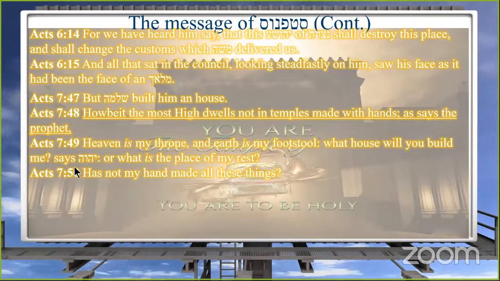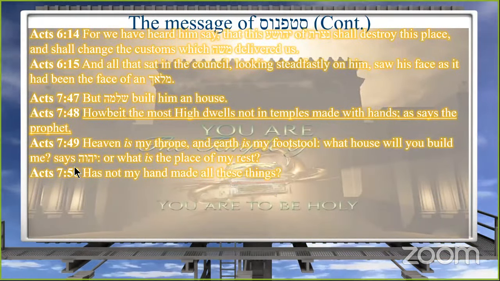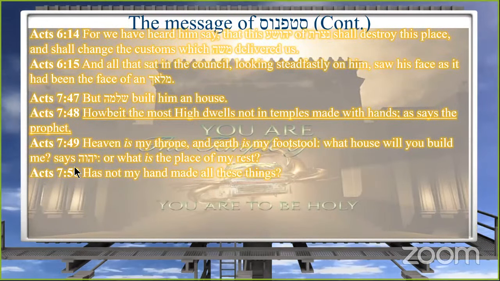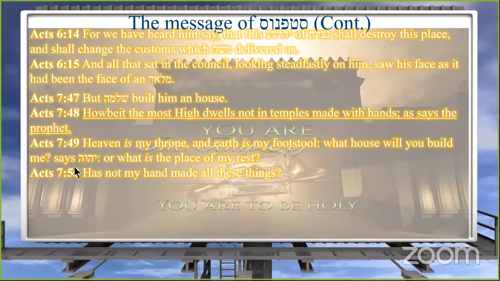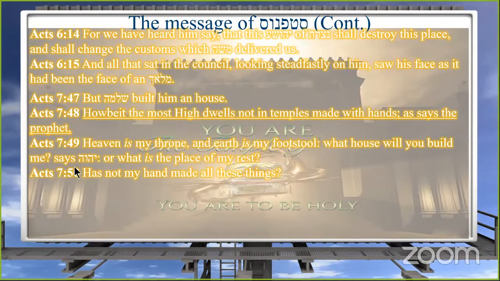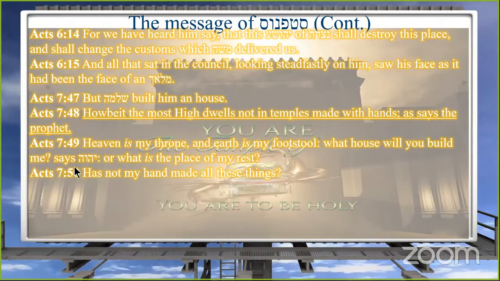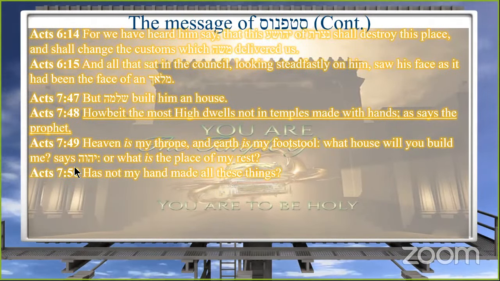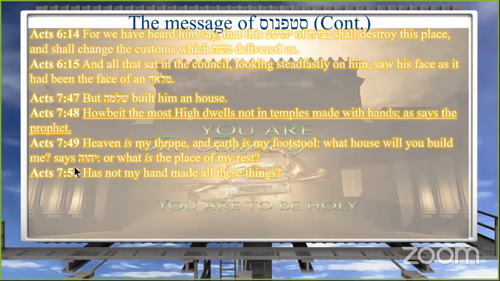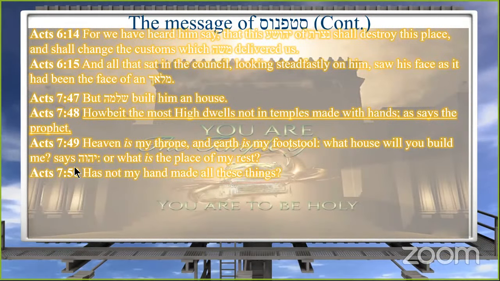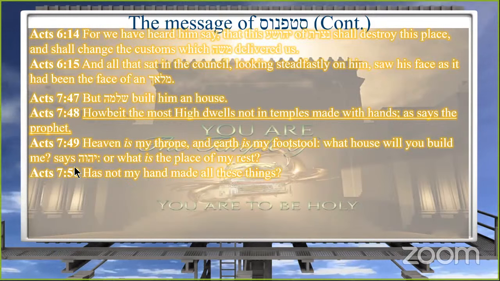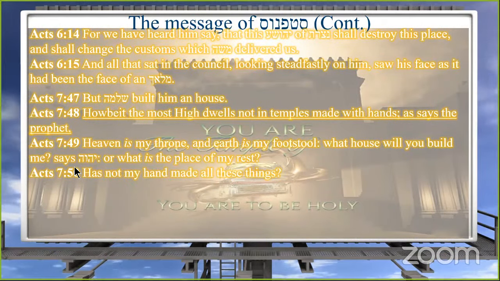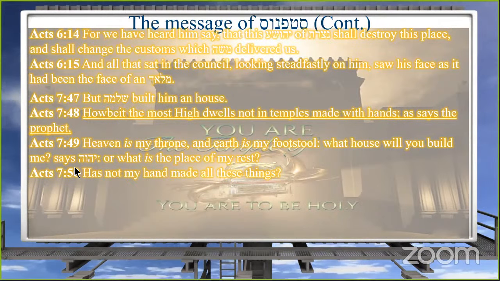So verse 14 says, for we have heard him say that this Yahushua of Nazareth shall destroy this place and change the customs which Moses delivered us. And all that sat in the council, looking steadfastly on him, saw his face as it had been the face of a malach, or a messenger. So they had the council looking like, man, but I could see the spirit on him. Is this really true?